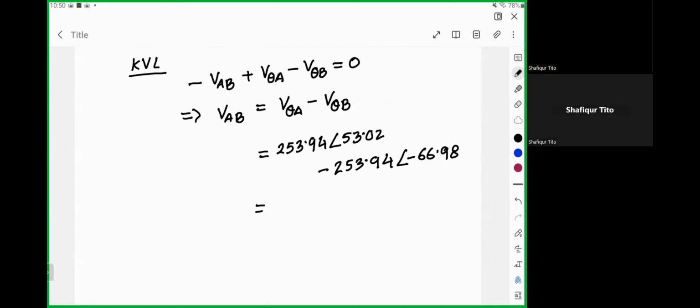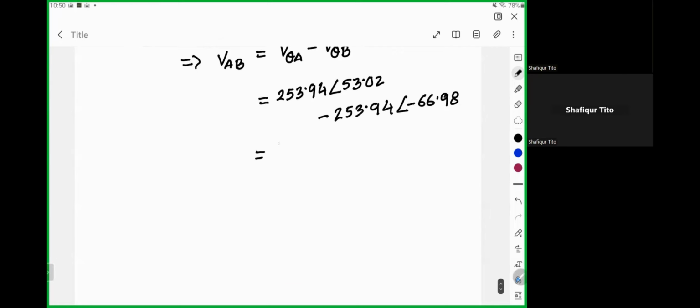So what is the value? Who can tell me? 152.75 plus j 202.86, and then it would be minus or plus.